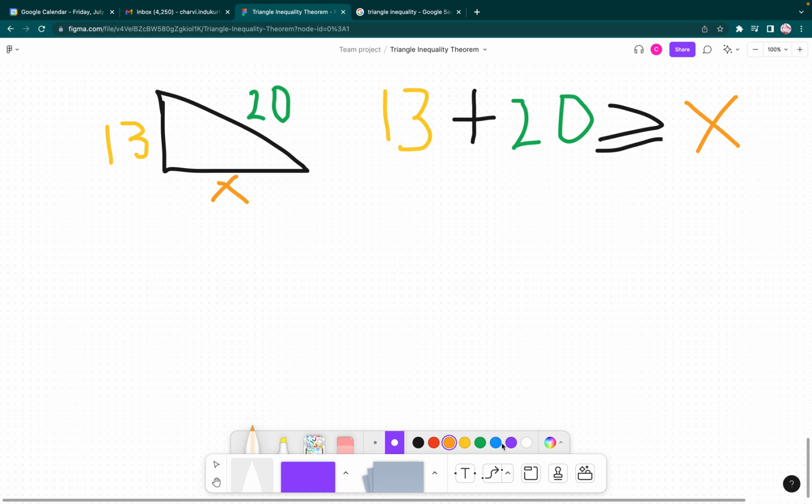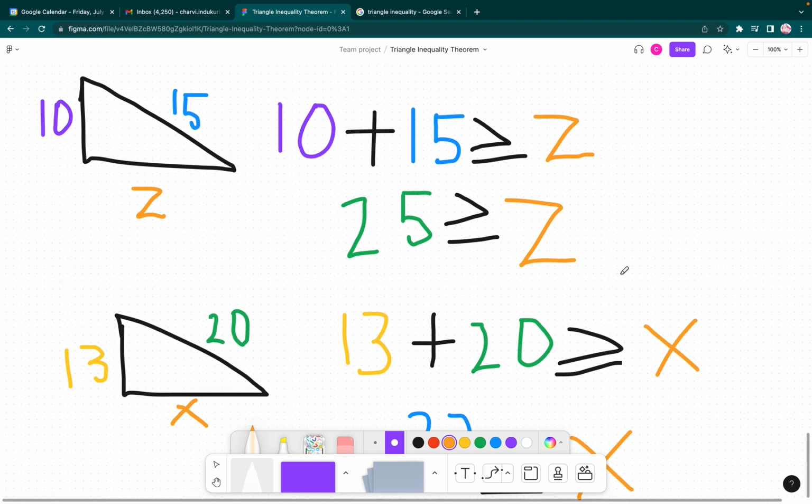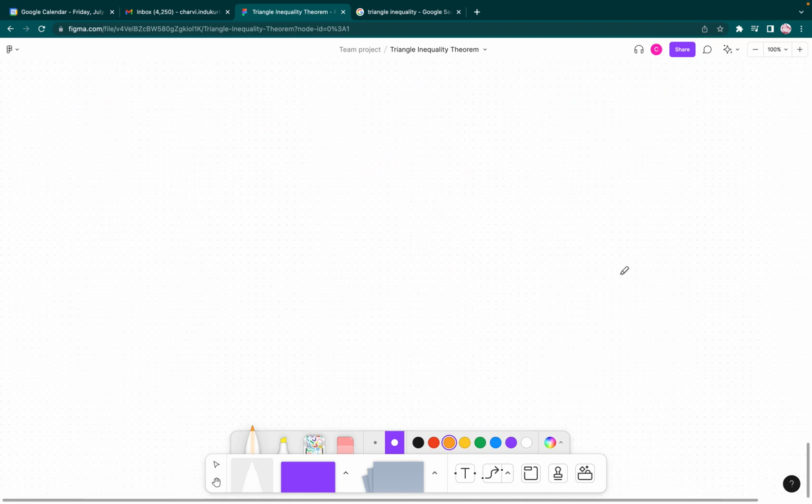What do we get? We get 33. So 33 is greater than or equal to x. Ta-da!